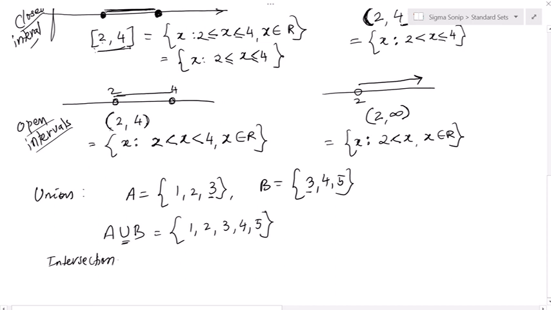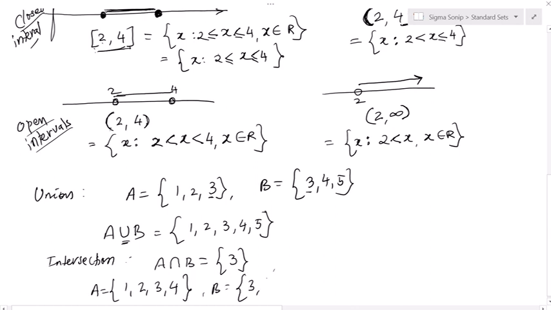And the other one is intersection. Now in intersection we take only the elements which are common between the two. So in the previous case here, if we do intersection, this is the symbol for intersection. A intersection B is 3. Just one more example. Suppose A is equal to 1, 2, 3, 4, and B is equal to 3, 4, 5.